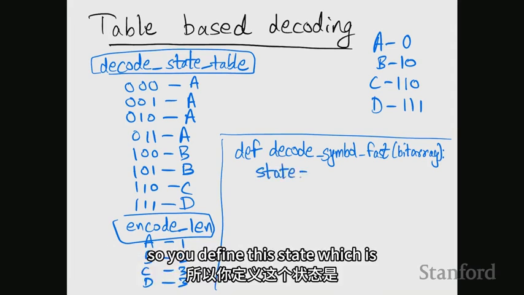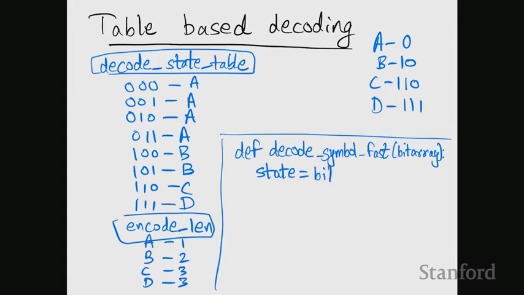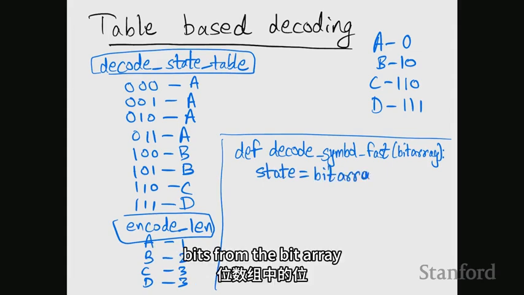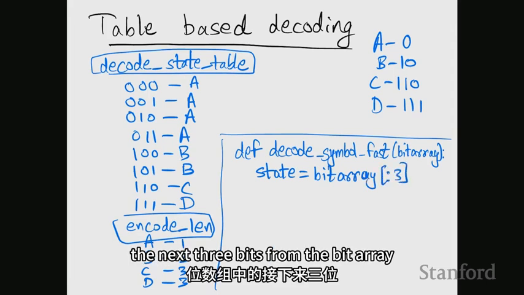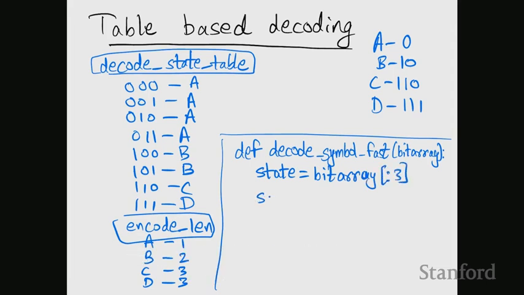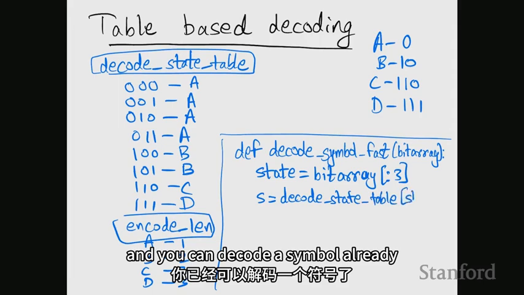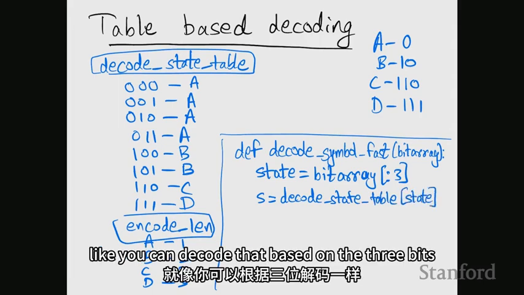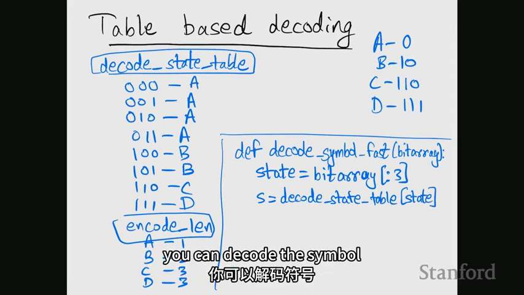You define this state, which is you take the next 3 bits from the bit array, look at the decode state table, and you can decode a symbol already. Based on the 3 bits, you can decode the symbol.